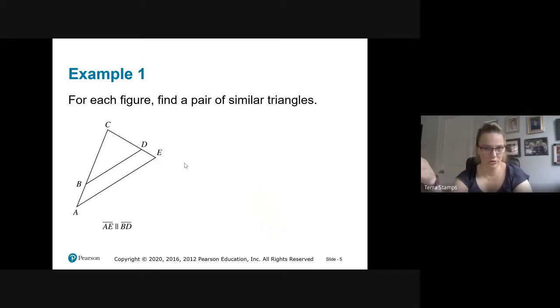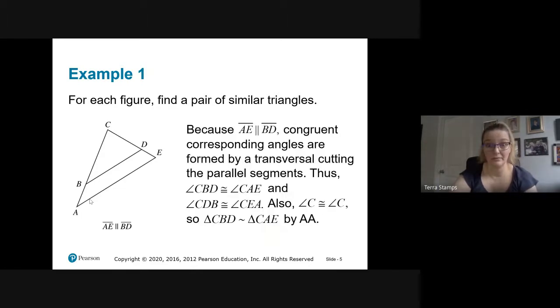Because it's a shared angle. Then that angle right there at B, and this angle down here at A, what about those, do we know? Those are corresponding angles, so we know those are the same. So we get that the triangles BCD and ACE are similar by angle angle.